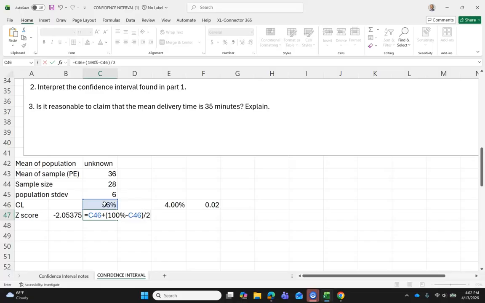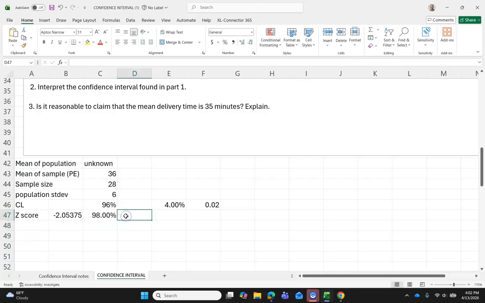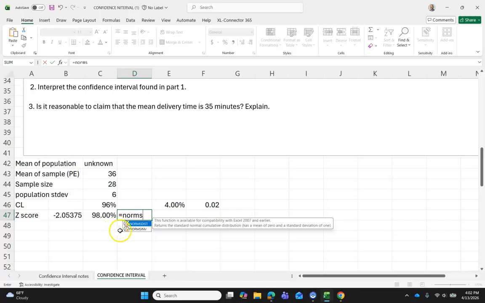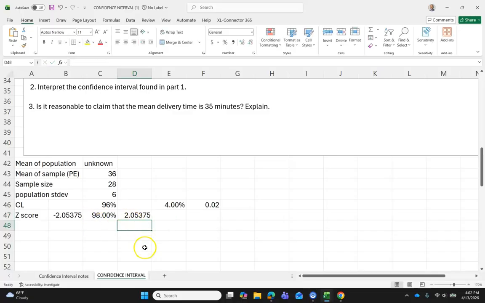So we will get the probability of the left side or left tail. So we get 98%, and with this probability we can find the z-score. Let me put that z-score here, put an equal sign, type NORM.S.INV and click on this. And so you're going to have a positive 2.05.